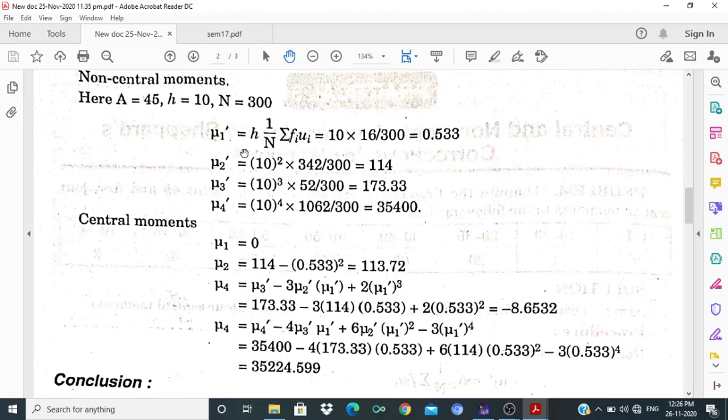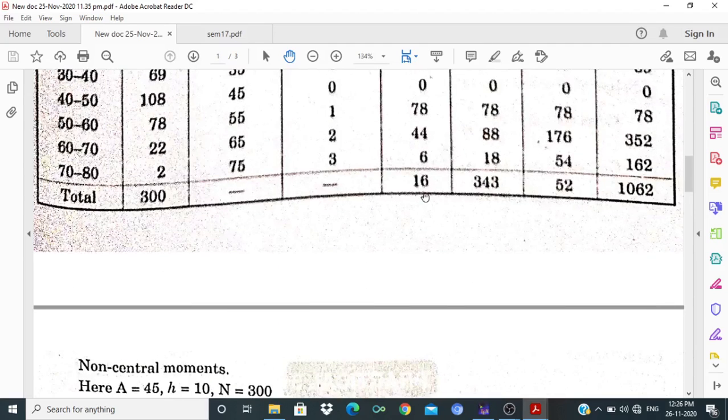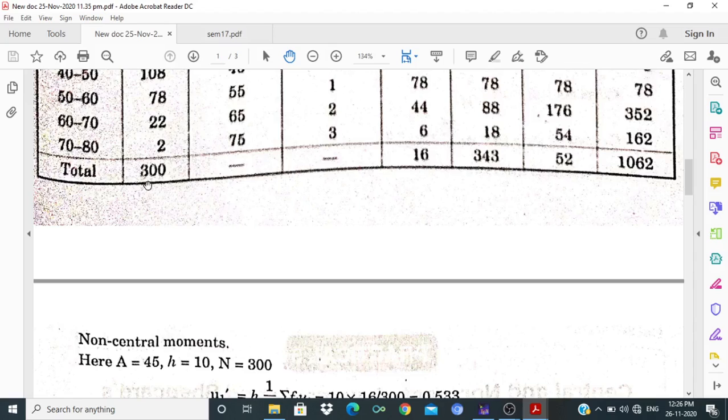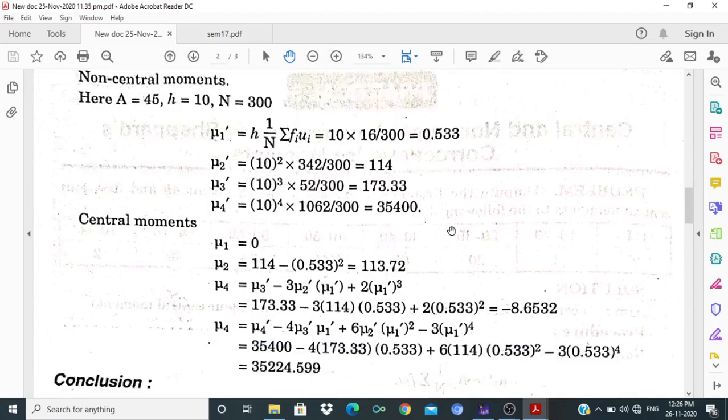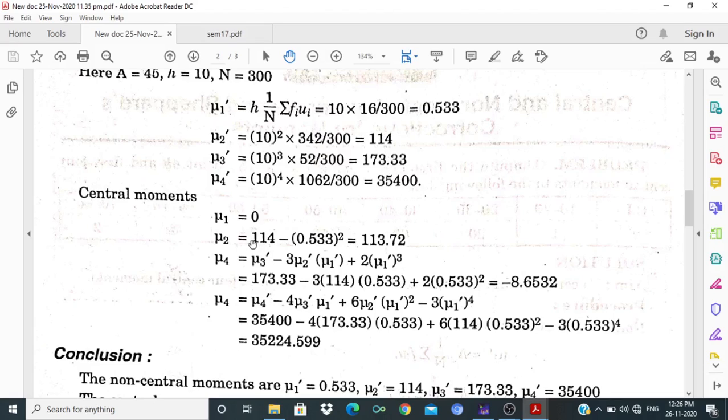This is h into 1 by N sigma fi ui. h is 10, sigma fi ui is 16, N is 300. These are the first 4 non-central moments. By using these non-central moments, we calculate the first 4 central moments.